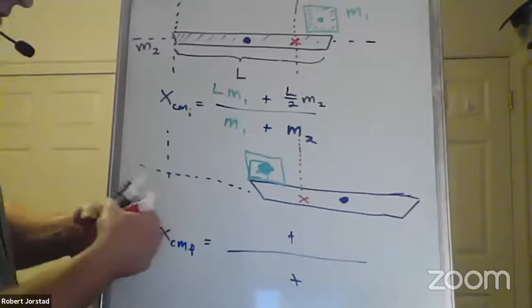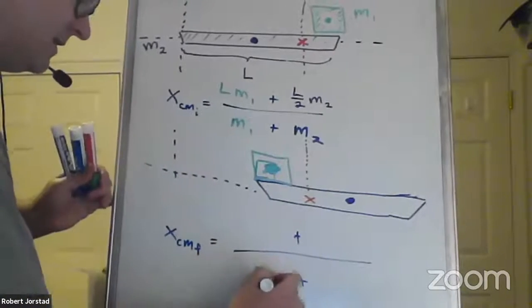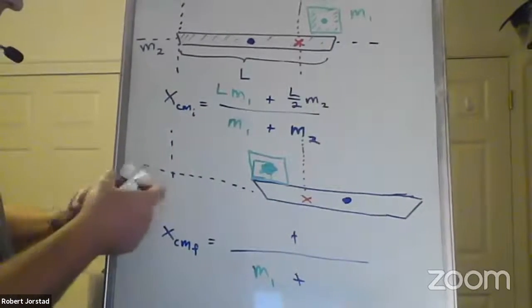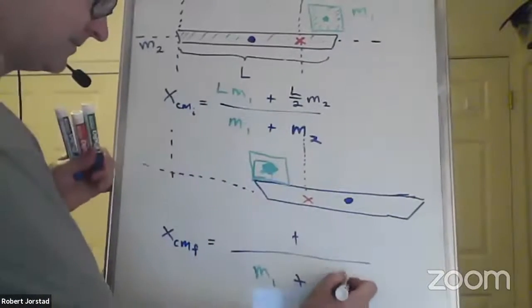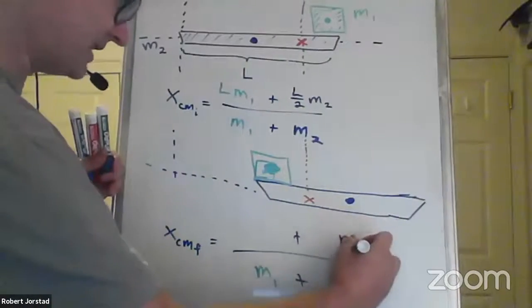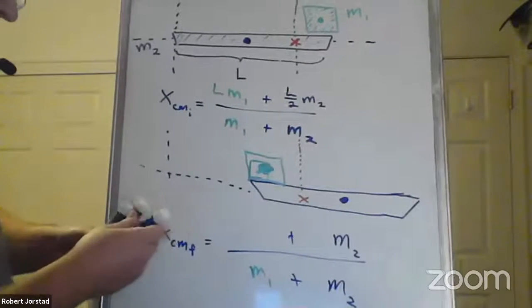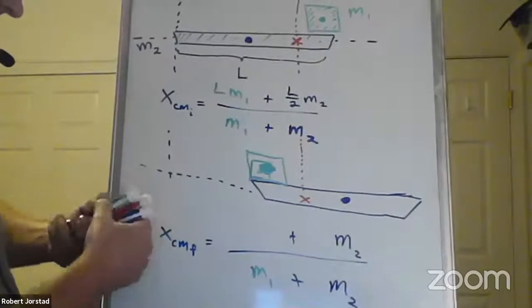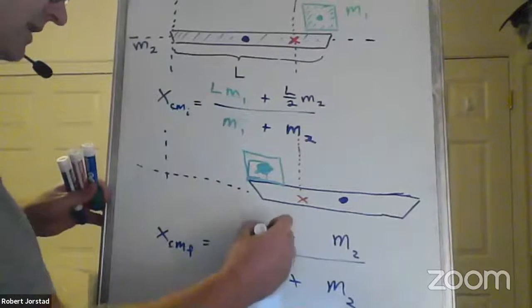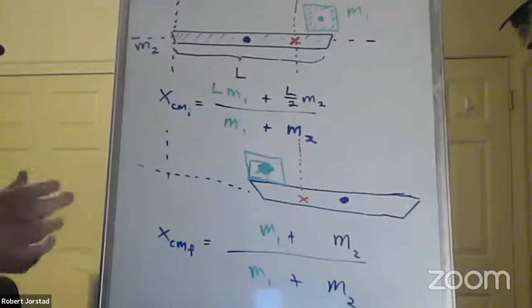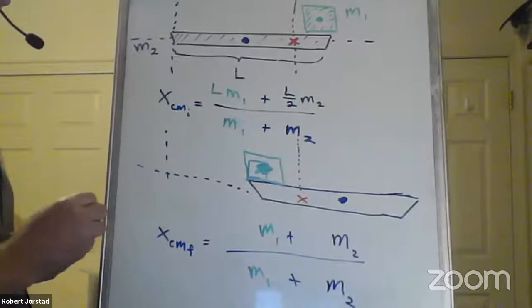I'm still going to have M1 plus M2. I'm still going to have something times M2 here, and something times M1 here. And so now, what are these distances?